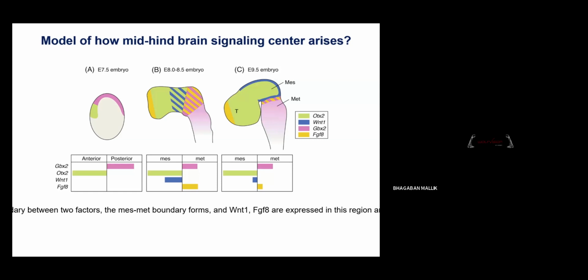Everything is written there, and these are the signals that drive the development of the brain. So three things are happening here. You require expression of genes like the homeodomain genes, a combinatorial effect for brain development. You require the signals, and you also require the organizing center for the development of the brain. Okay.